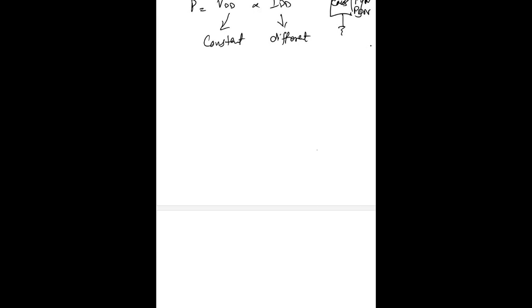And similarly, we can say that this power can be written as two terms here. One is PDC and the other one is P-dynamic. PDC means fixed power, or we can say that this is our DC contribution.